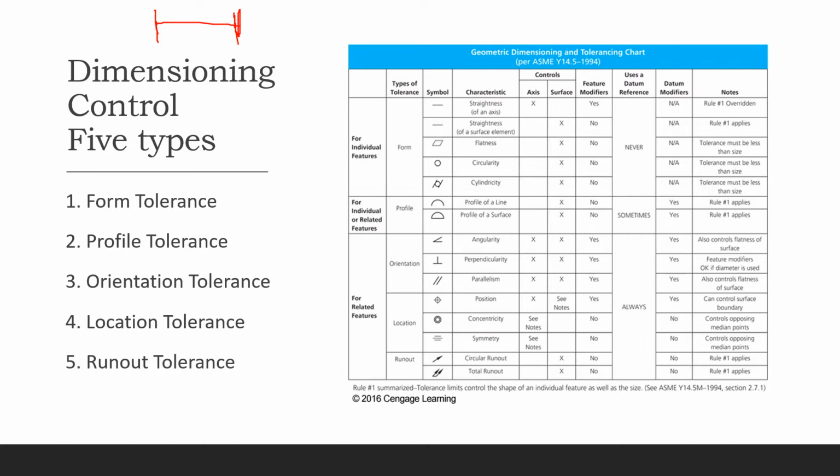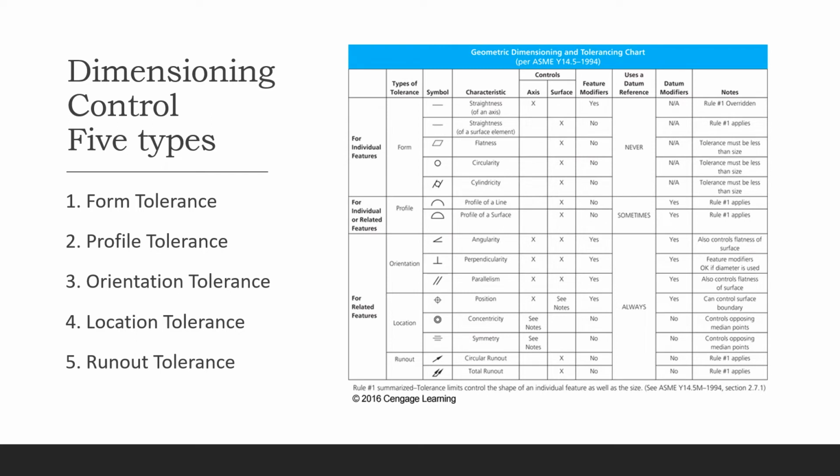Since measurement is always dealing with geometry, you're measuring either a straight line, a circle, a rectangular thing, or whatever. Sometimes there's an angle, sometimes some sort of location. Whatever you're measuring, it's always a particular geometry.